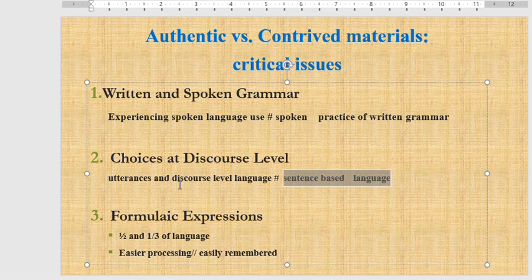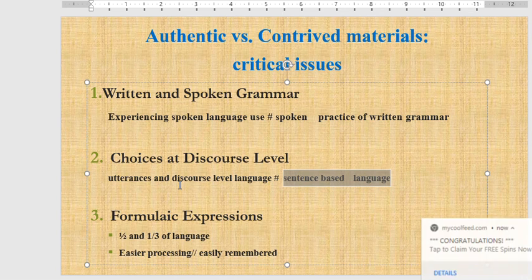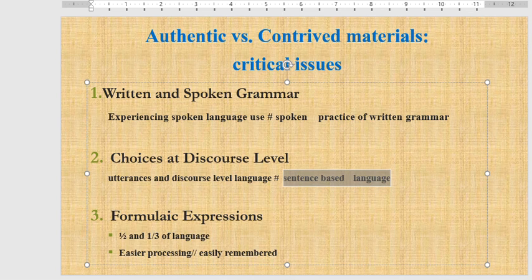Okay, you may say only one sound. You may say b. You may say b is voiced, but p is not voiced.